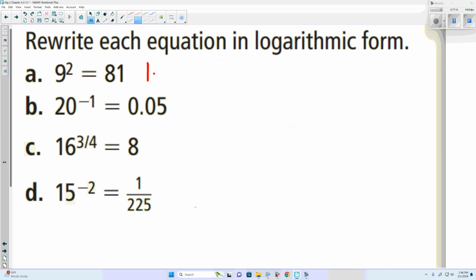This would be log base 9 of 81 equals 2. The next one we have 20 to the negative 1 equals 0.05. This, as a logarithm, would be log base 20 of 0.05 equals negative 1.